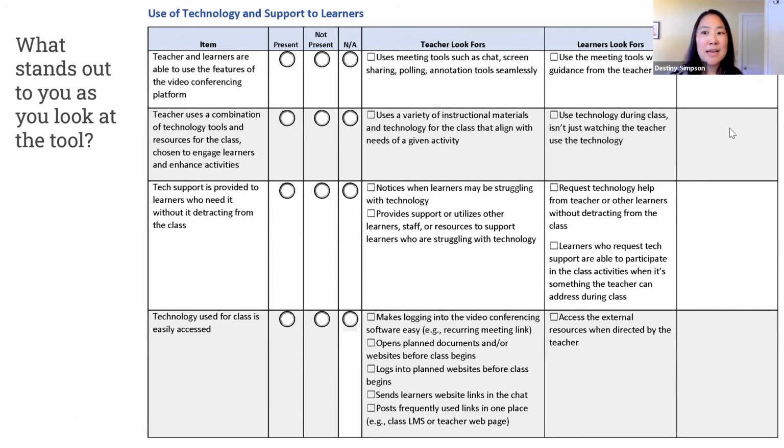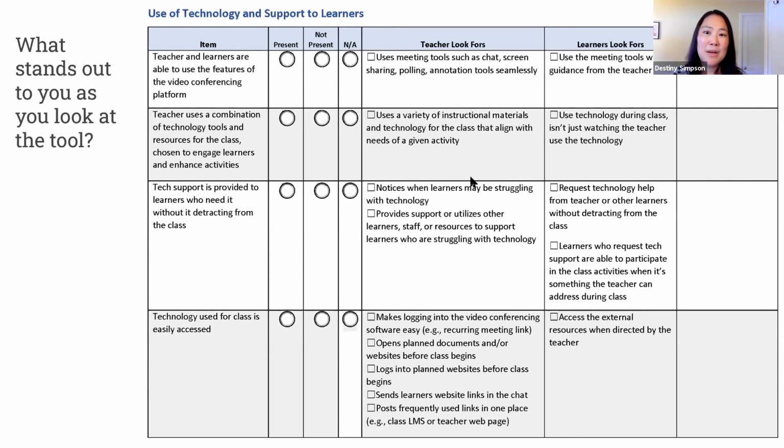This last column allows you to write evidence, but some other things that, when presenting and sharing this with other practitioners that might be using this, they have found really helpful were these look fors. You'll notice there's a column for teacher look fors and there's one for learner look fors. These allow you, if you want to, to just easily check off things that you notice, but they also provide an opportunity to kind of describe or demonstrate what good teaching online might look like.